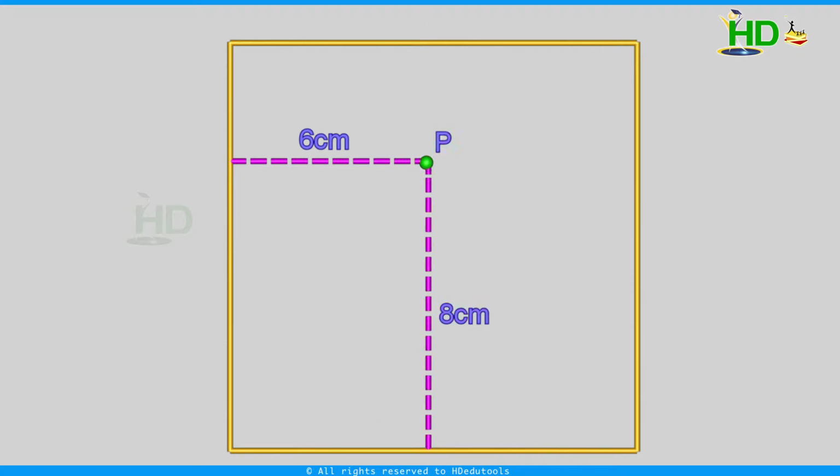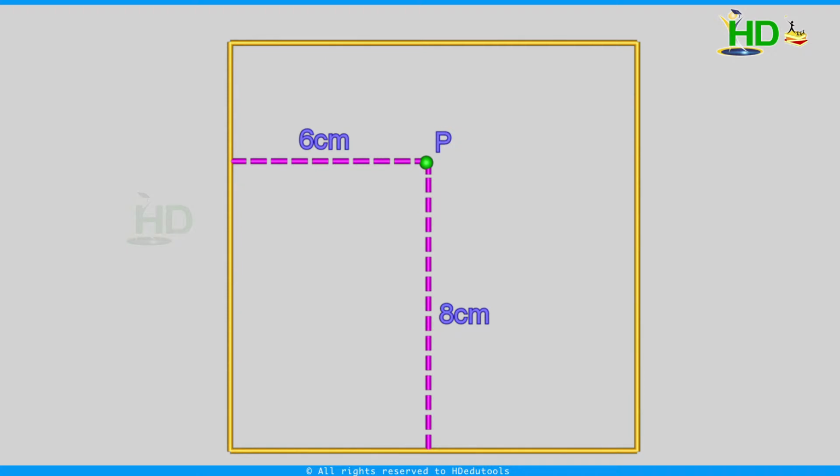Here we have taken two references. Now this point is marked at a distance of 6 cm from this edge and 8 cm from this edge. With the same description, how many points can you mark? Yes, you can mark only one point.